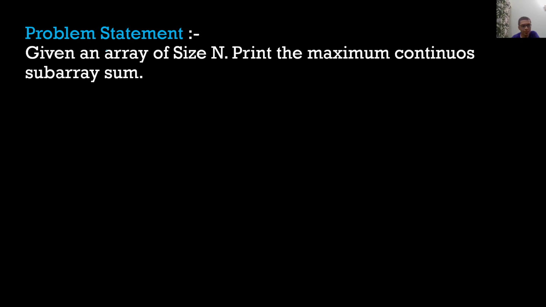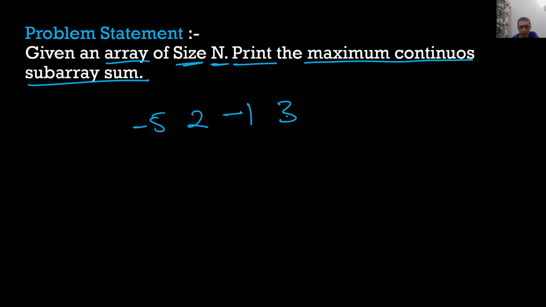So the problem statement says that given an array of size n, print the maximum continuous subarray sum, right? So we simply have to find a part of this array. So let's say my array contains -5, 2, -1, 3, -4. In this array, we have to find a continuous part of this array which will offer us the maximum sum, right?